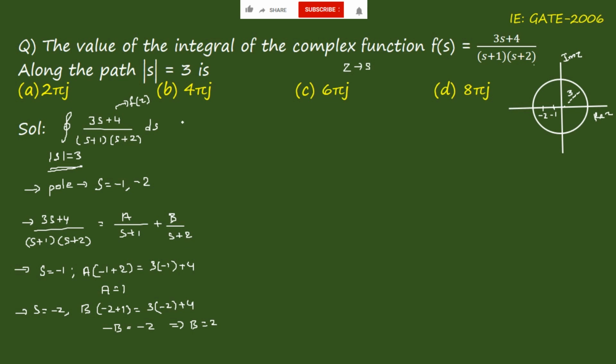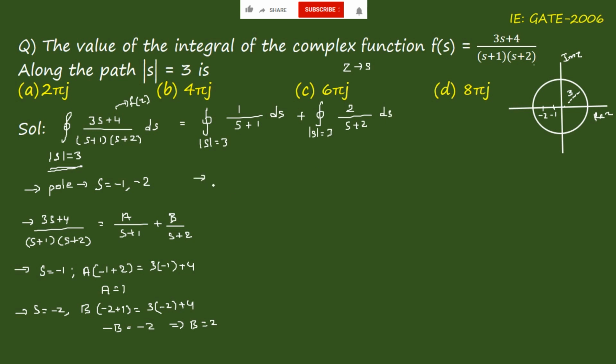So we can write this particular function as nothing but integral closed curve mod s is equal to 3 1 by s plus 1 ds plus integral closed curve for mod s is equal to 3 2 by s plus 2 ds, right?